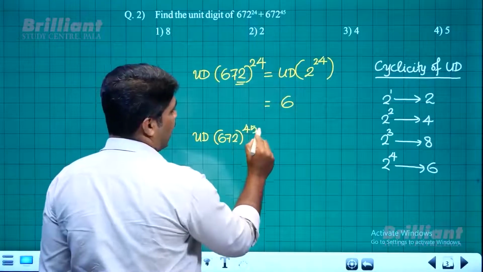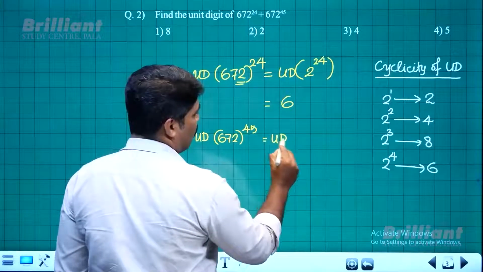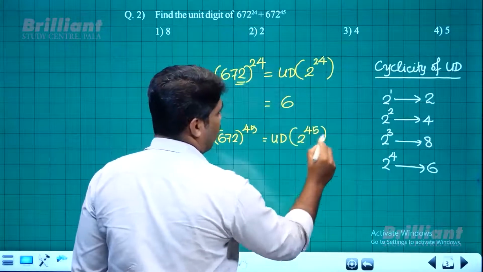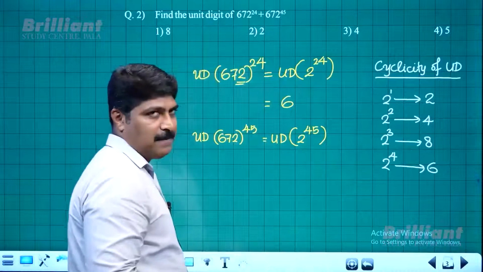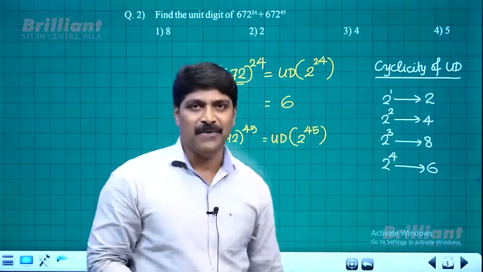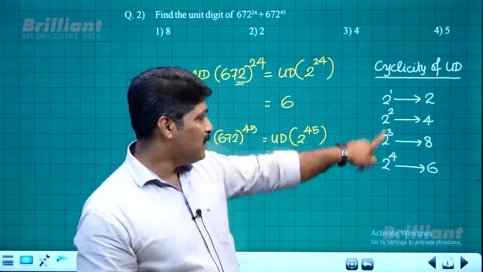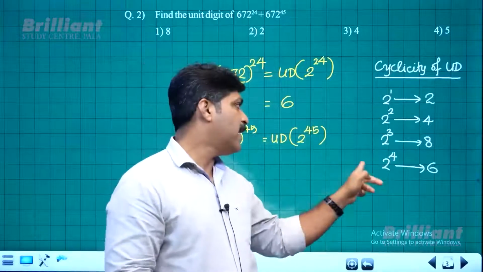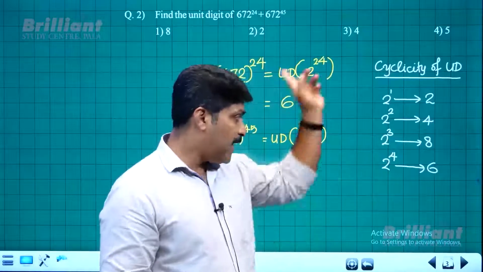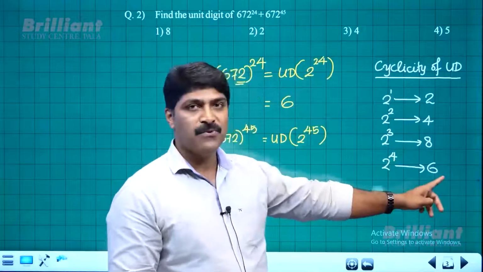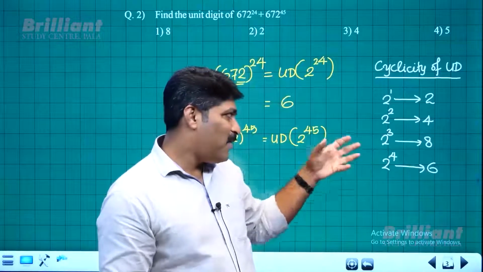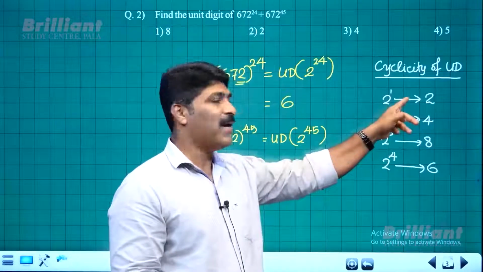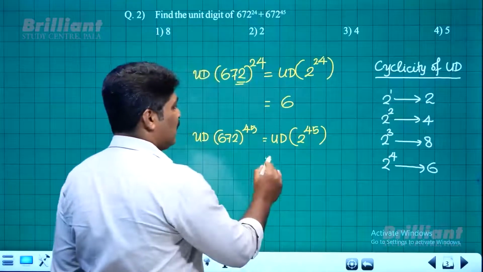So now we got the idea. This is same as the unit digit of 2 raised to 45. Here also we are considering the same pattern. You have to count it like this, 1, 2, 3, 4, 5, 6, 7, 8 and so on. When the exponent is 44, the unit digit will be 6, then for 45, the unit digit is 2.